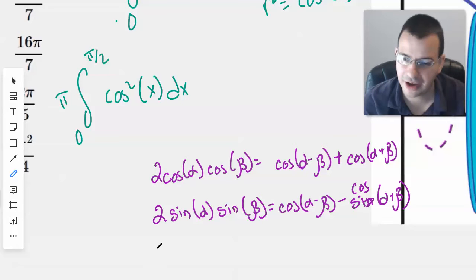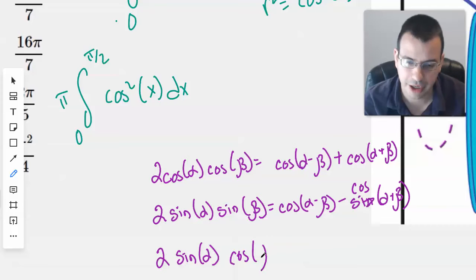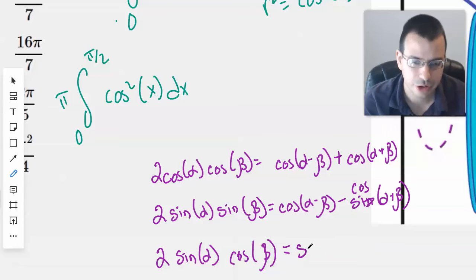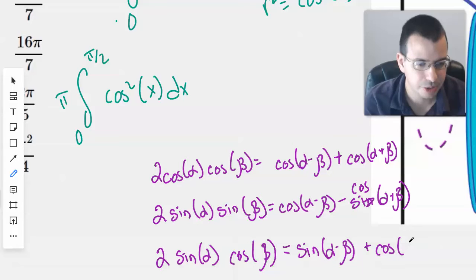And then when you have one of each, you have 2 sine alpha cosine beta. That's when you go back to the original format, but you do sines instead of cosines. And that's just a mnemonic that I use and I find useful.